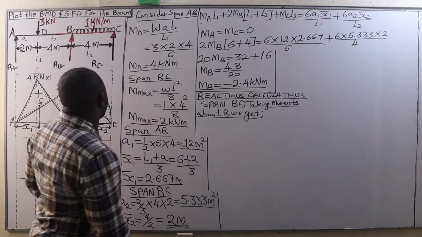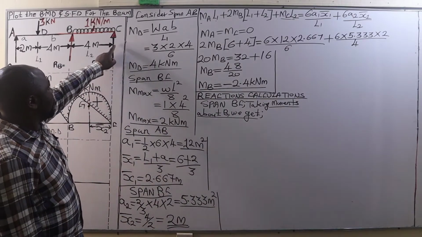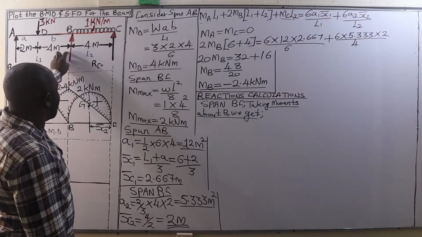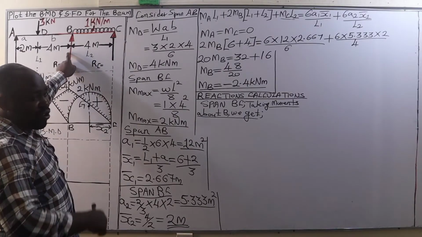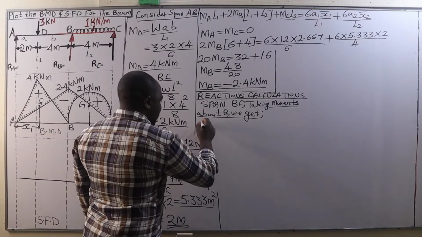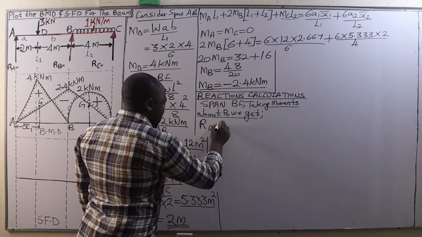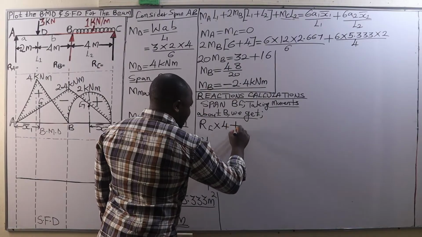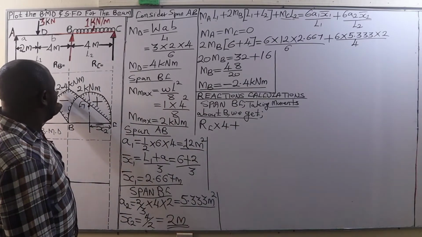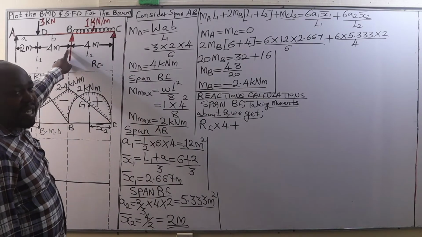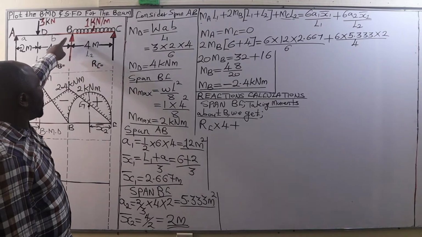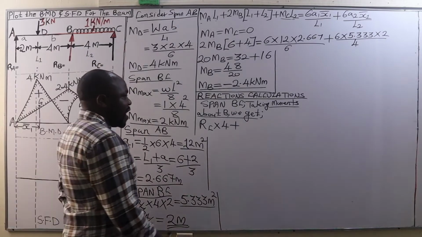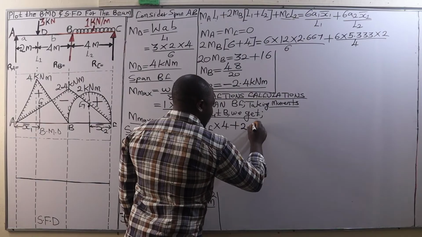So this is going to be RC multiplied by the distance from C to B. That is an anti-clockwise moment, and therefore we are going to have RC times the distance from C to B, which is 4 meters. Then we add this 2.4 kilonewton meters, since it is going to be an anti-clockwise moment when we are taking moments about B. So we add 2.4.